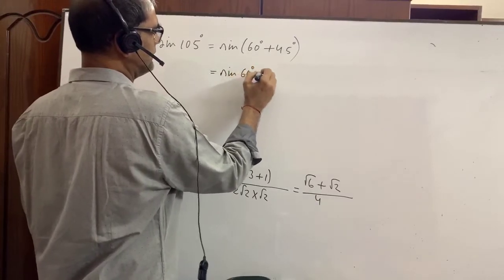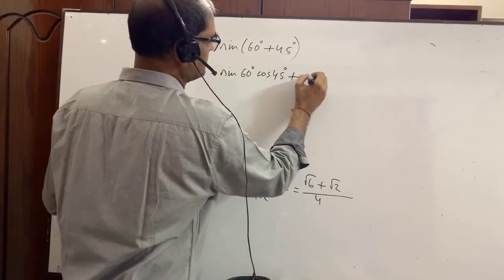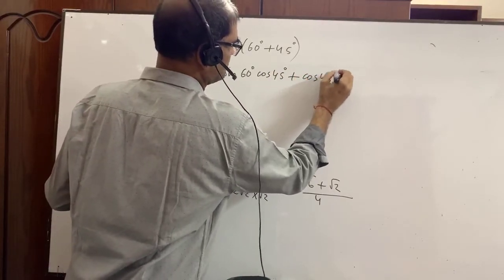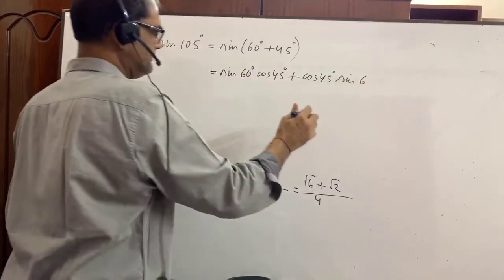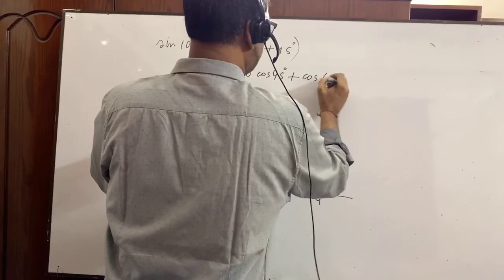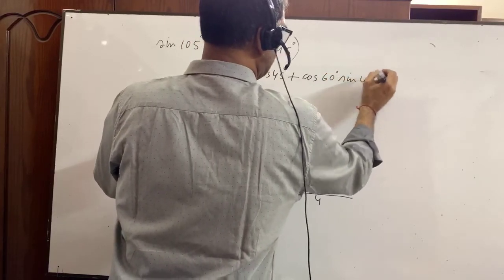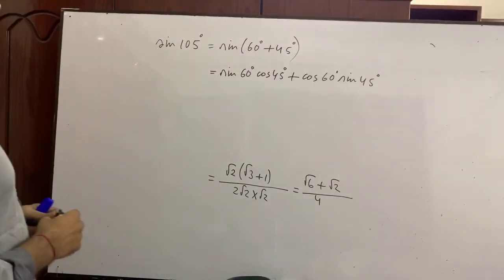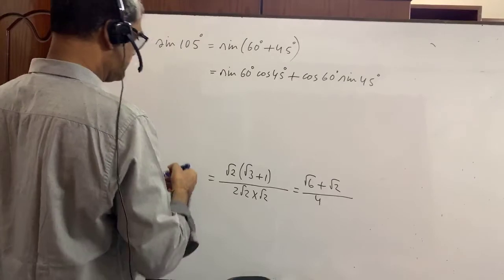Sin A cos B plus cos A sin B. Okay. Then what is the value here?